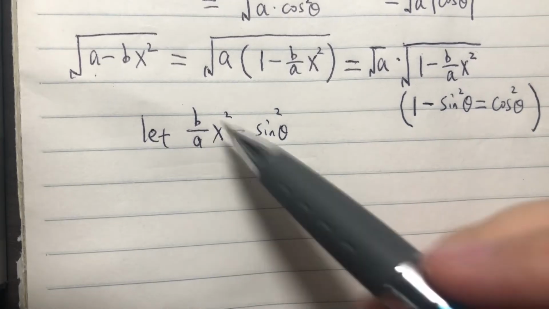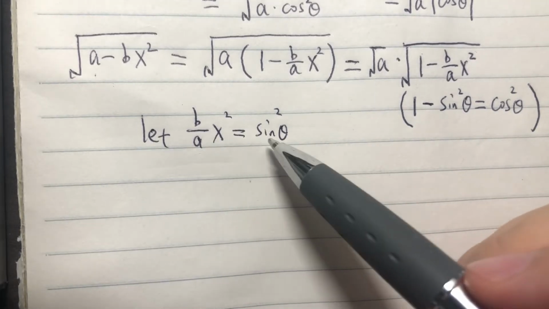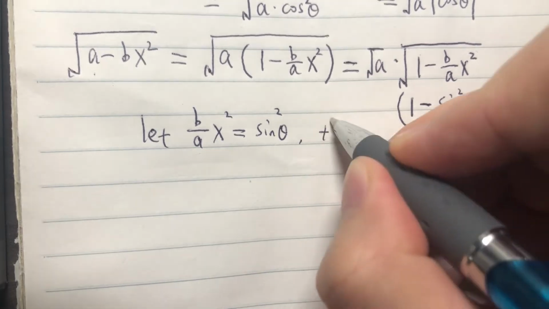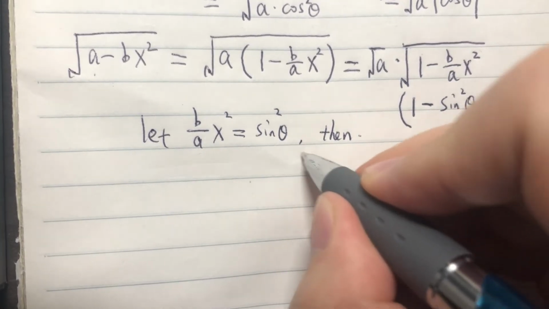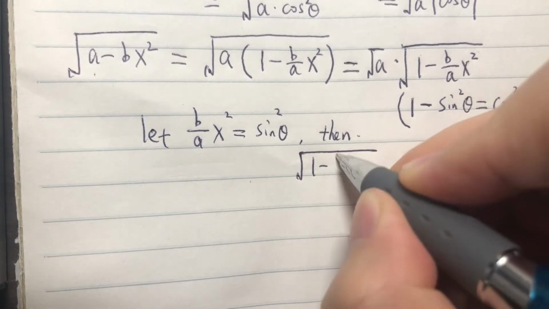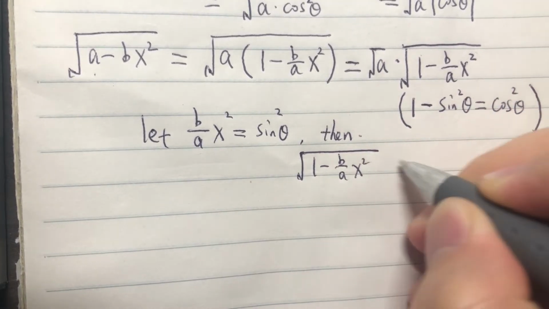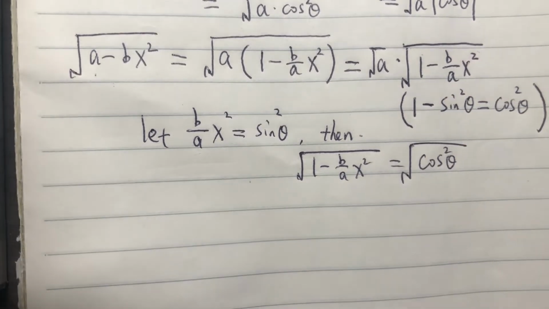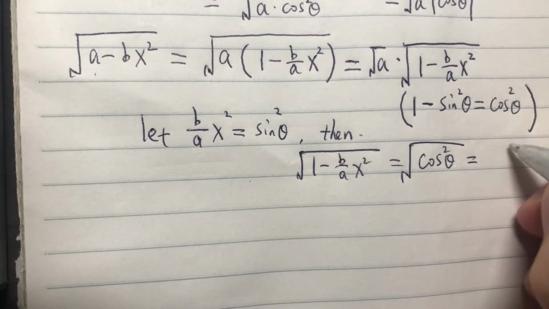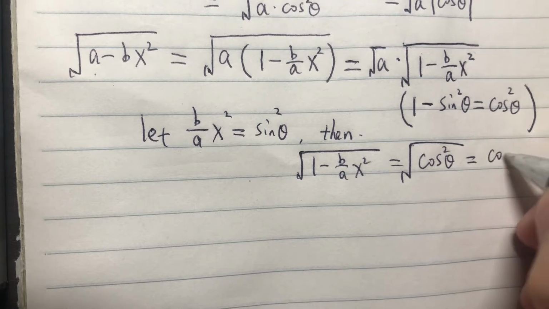Because if we let this equal sine theta squared, then 1 minus b over a x squared equals cosine theta squared, so we can remove the square root.